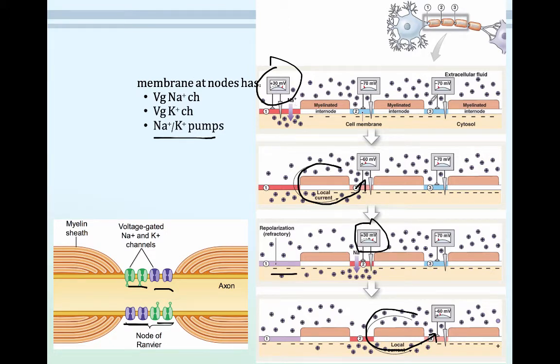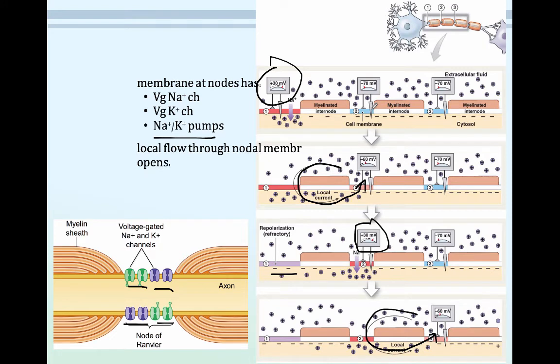And then again, we need 1 more, and then 1 more. Creating an action potential does take time. If we can skip a piece of the axon before we create the next action potential, it's going to go faster. That's exactly what happens when we compare the conduction speed in an unmyelinated axon to the conduction speed in a myelinated axon.